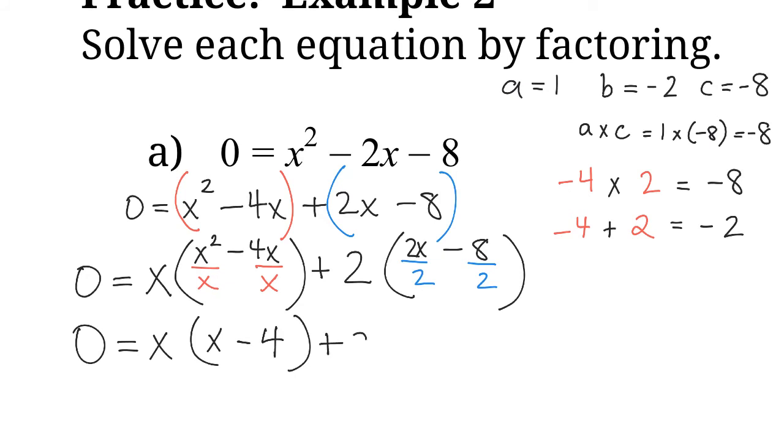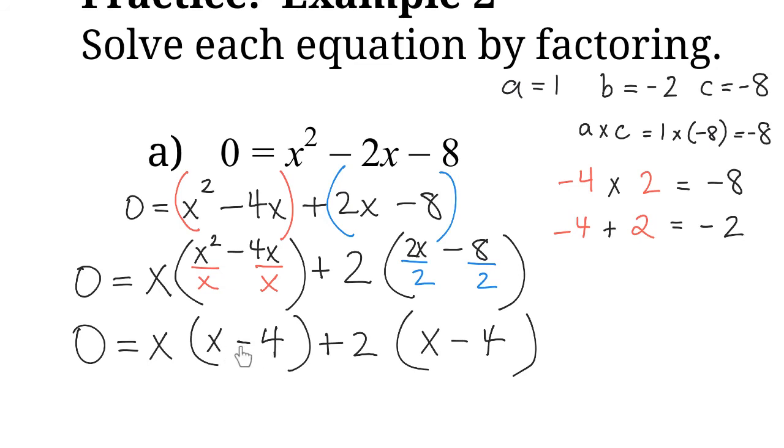Then I've got plus 2, my second bracket, and inside my second bracket, I have 2x divided by 2, which is x. I have a minus sign, and then I have 8 divided by 2, which is 4. So again, you can check and see if you did this correctly, because if you look at what's inside your brackets, it should be exactly the same.